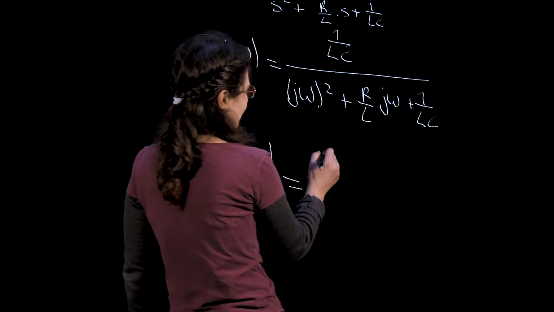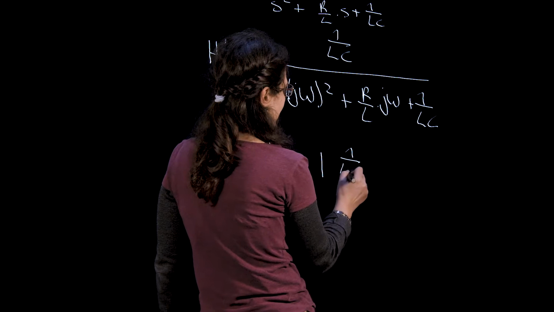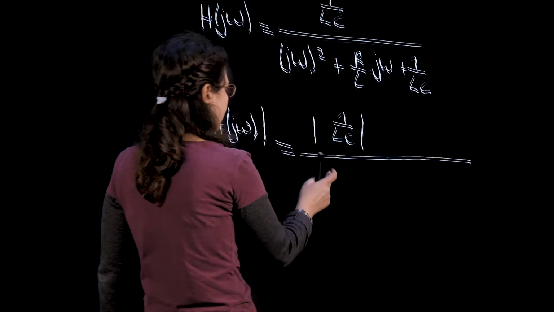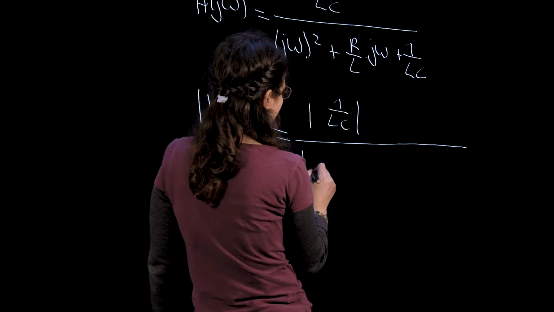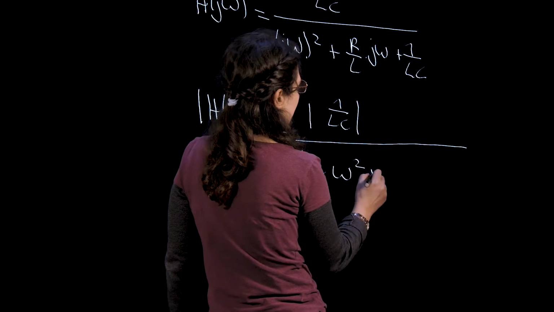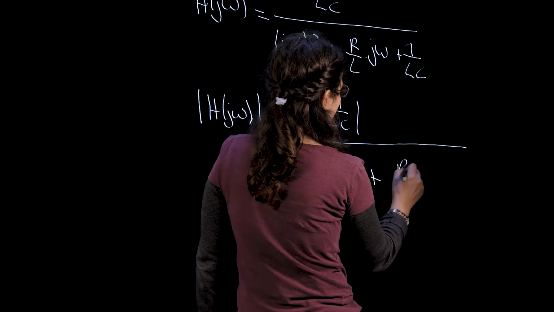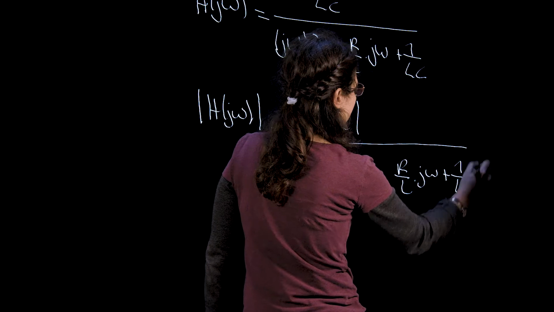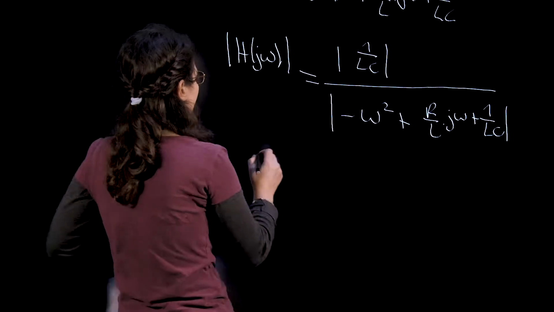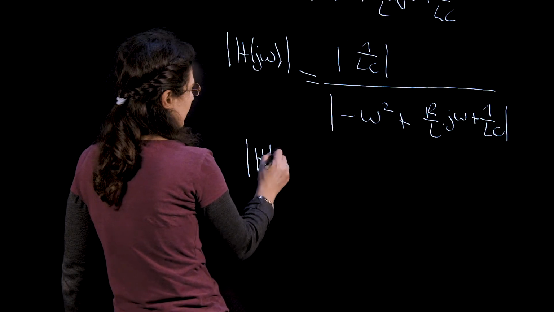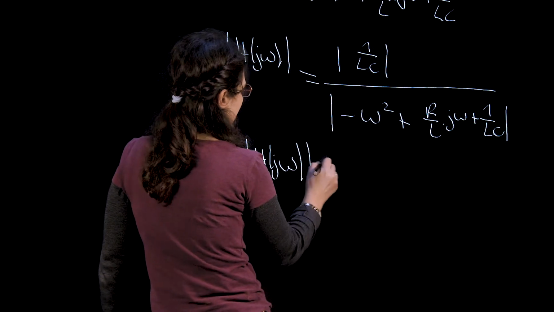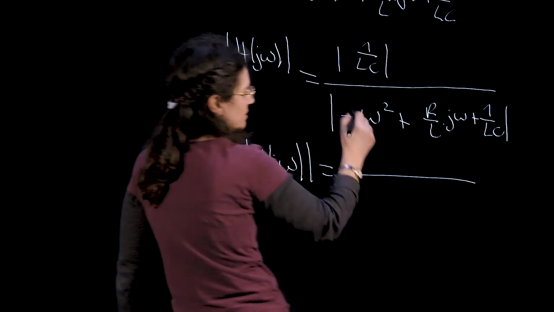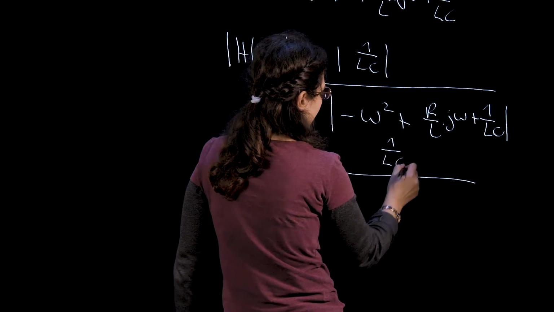So I calculate the magnitude of the numerator, 1 over LC, over the magnitude of the denominator, which is minus omega squared plus R over L times j omega plus 1 over LC. Now the magnitude of a complex number, in this case the numerator is a real number, so the magnitude of a real number is the real number.